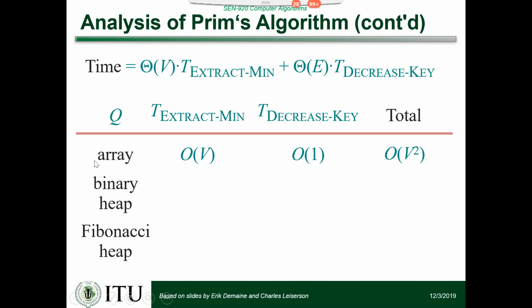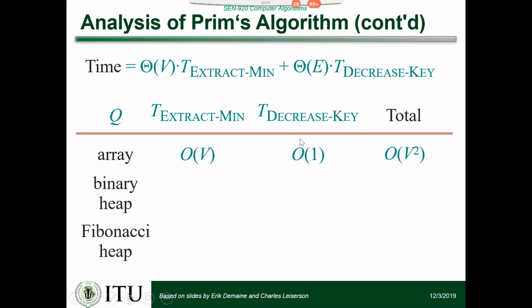The first one is, suppose we use a linear array to implement the priority queue. Extract min, to find the minimum element in the linear array, takes how much time? Linear time, so that's order of v. And decrease key, you just decrease the key of the corresponding element, so that's constant time.